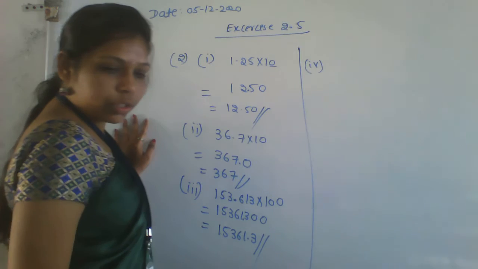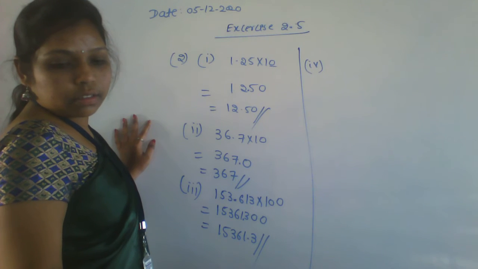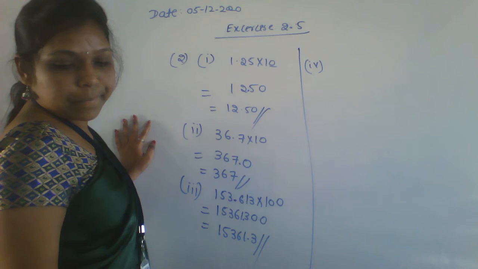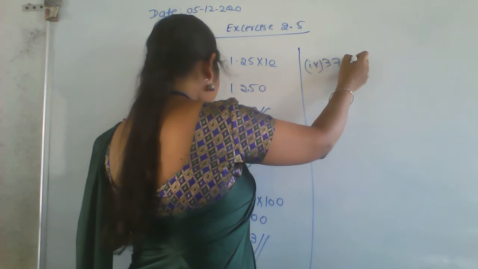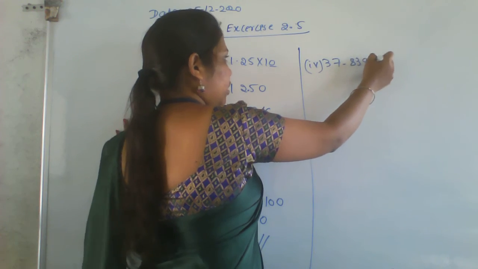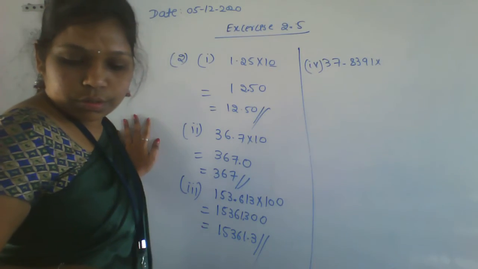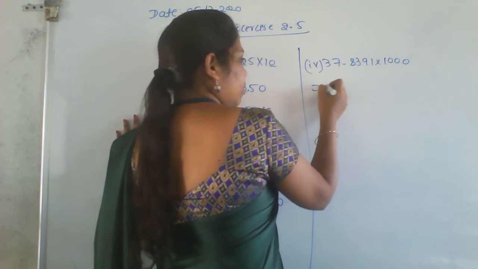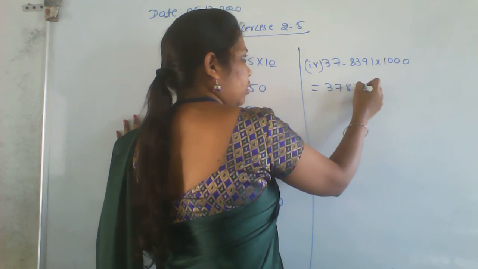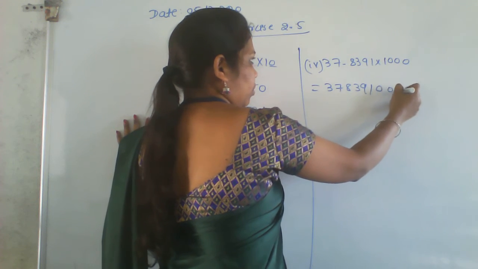What is the fourth question? 37.8391 into 1000 means, how many zeros are there? 3 zeros.